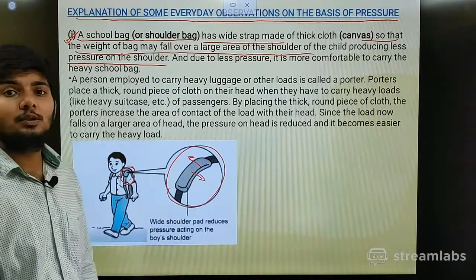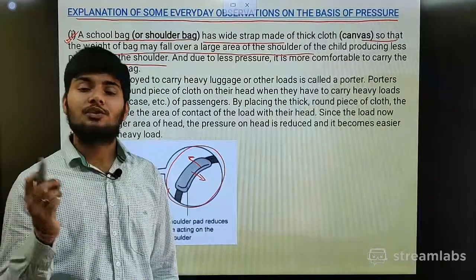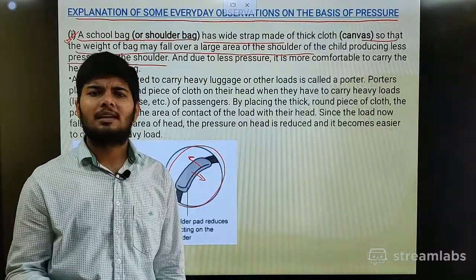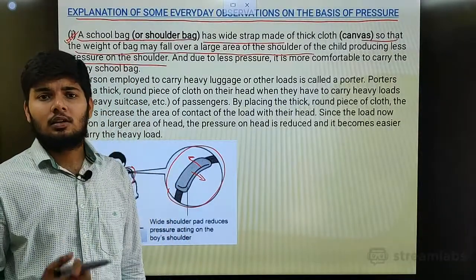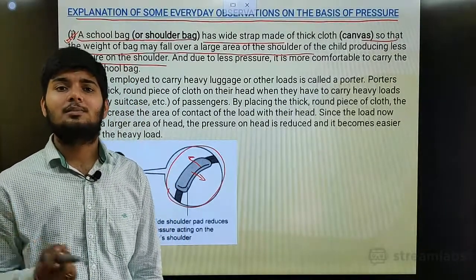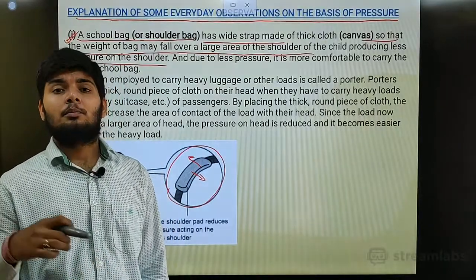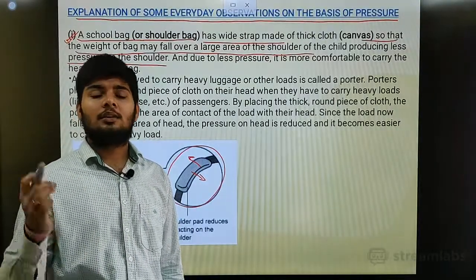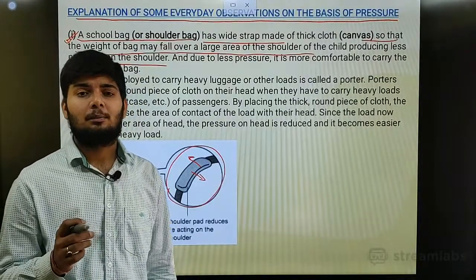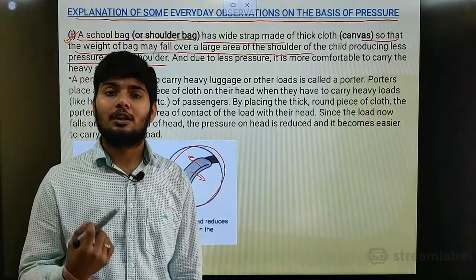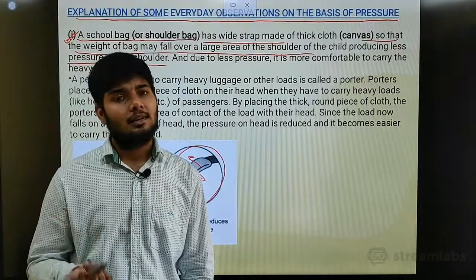So students, this is why the straps of your school bag, or the bags that we use to carry materials or substances, are wide. The wide straps have a larger area, so the pressure applied by the weight of the bag on our shoulder is lesser.